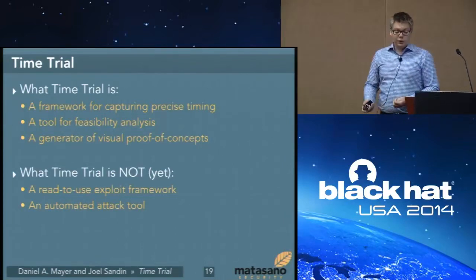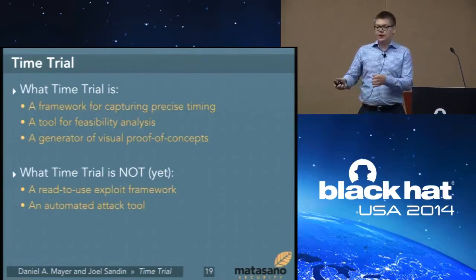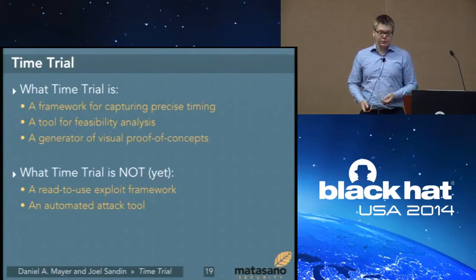What TimeTrial is not at the moment is a full exploit framework where you just put in an endpoint and say, hey, there's a timing attack, and suddenly get access to the service. That's not the goal. The goal is to analyze if you actually have an issue, and if you wanted to use that knowledge to build an actual attack, you can of course do that, and you can use our tests to guide you in this.